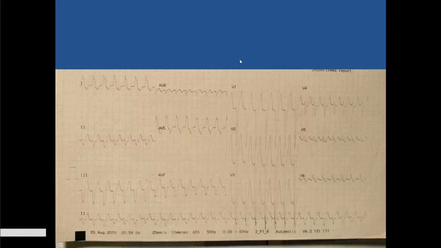And this is again another case of left bundle, left axis. You may say, okay, left bundle, left axis, the intrinsic deflection is relatively less, so it is a left bundle aberrancy. But before we conclude that it is a supraventricular tachycardia, if you can see, the P waves are missing here, that points towards AV dissociation.